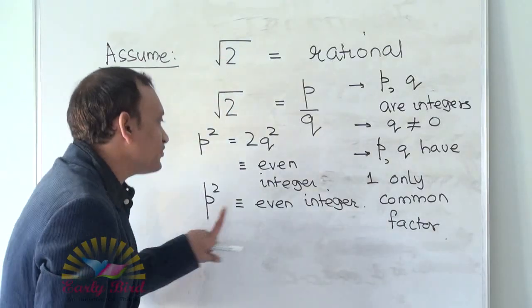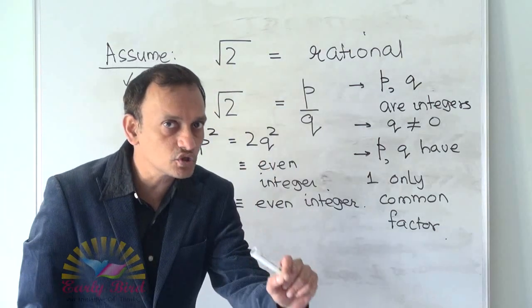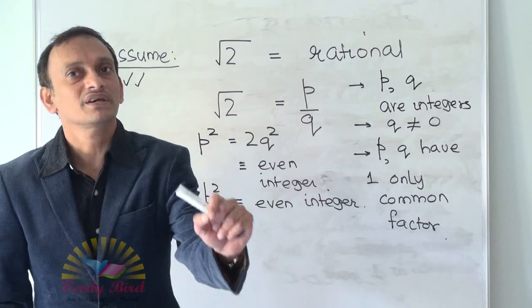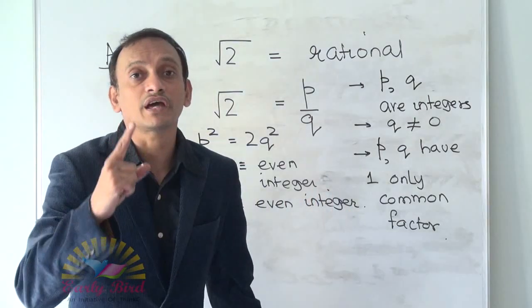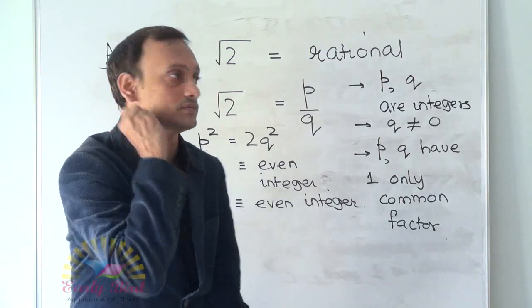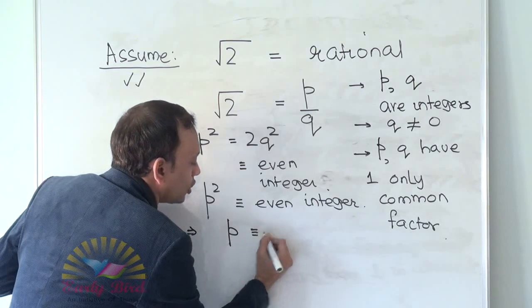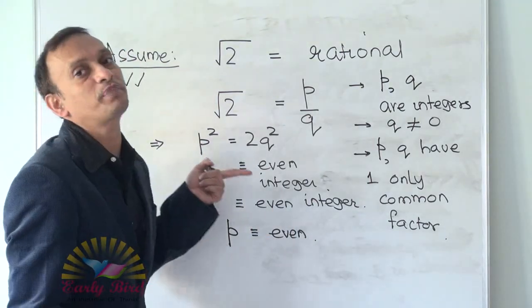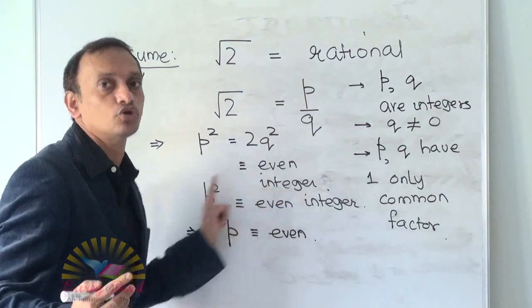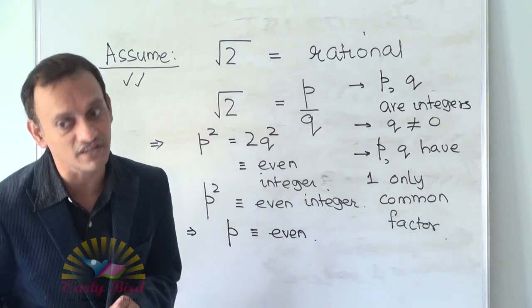Therefore, if the square of an integer is even, then that integer must also be even. Which really means that p should also be even. Why? Because if p is odd, the square of p could not have been even. So if p squared is even, p has to be an even integer.